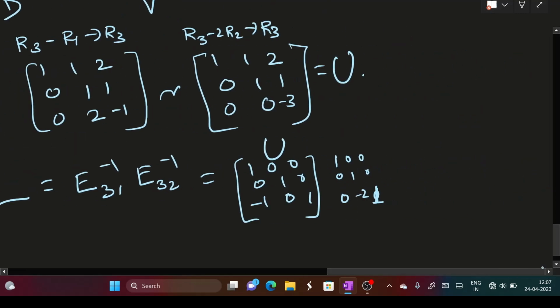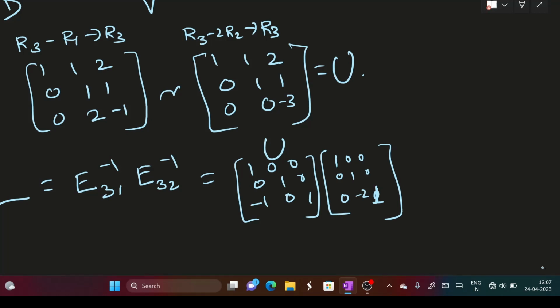So here this is my E31, it is my E32. Their inverse is, this is plus here, this is plus here, and the answer is 1 0 0, 0 1 0, 1 2 1. The diagonal remains the same for all the situations, and here 0 in both cases.